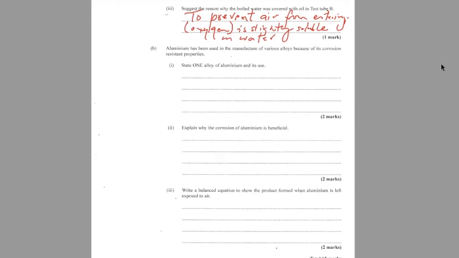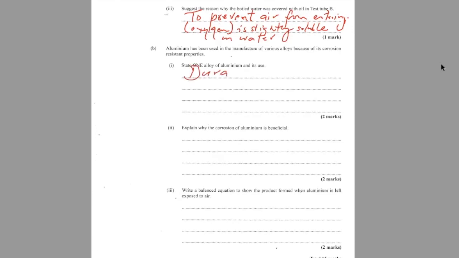Part B, aluminum has been used in the manufacture of various alloys because of its corrosion resistant properties. State one alloy of aluminum and its use. All right, the good thing is we're writing, because I'm not 100% on the pronunciation here.